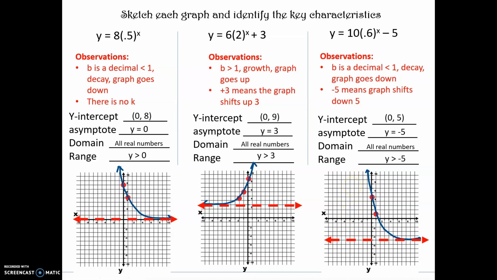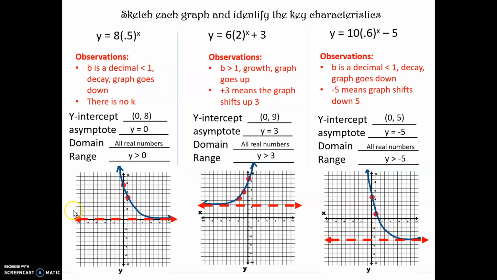So in conclusion, what I want you guys to take away from this, you already knew what A times B to the x represented. A is your starting value, B tells you whether the graph is increasing or decreasing, and by how much. All we did was add on the fact that if you add or subtract a number, it's going to shift the graph up and down. It also tells you what the asymptote is.